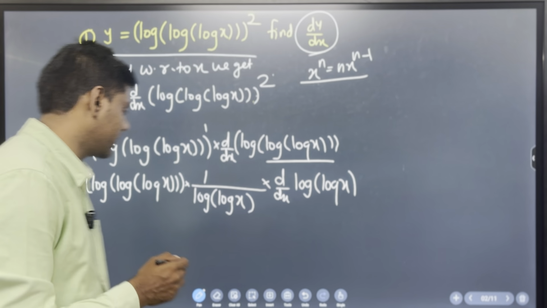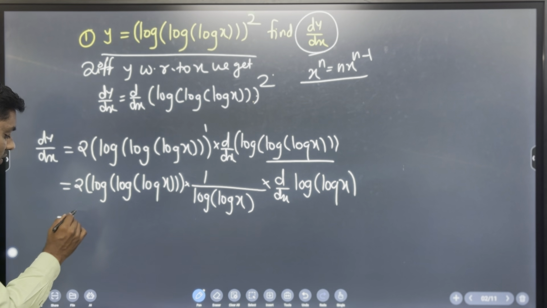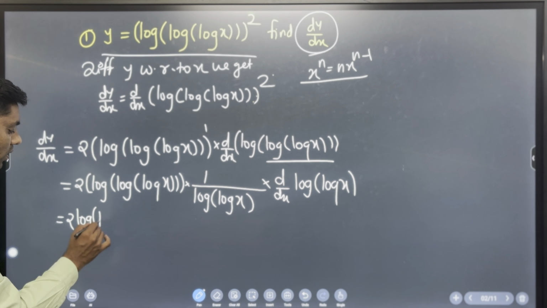So let's finish the example. That is 2 into log of x, divided by log of x, into the derivative of log x, which is 1 upon x. So this log has derivative 1 upon x, and it is completely 1 upon log of x.